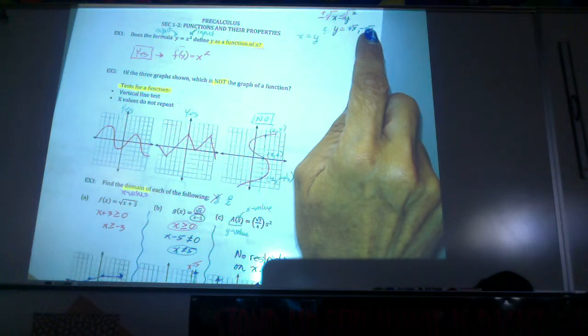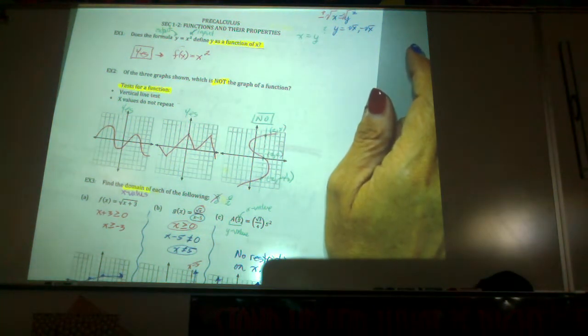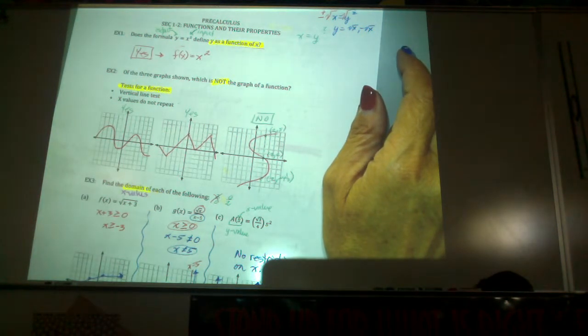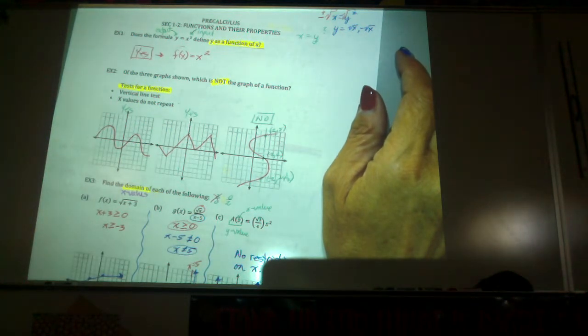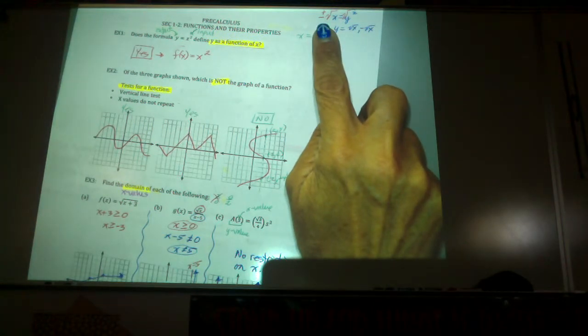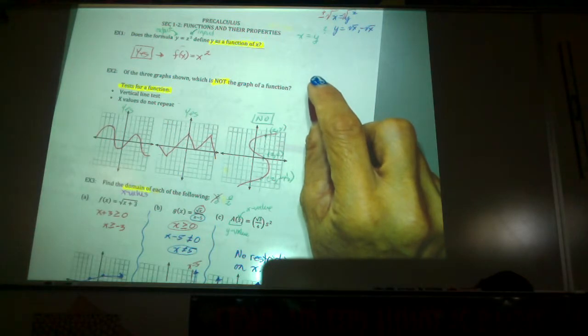So for instance, if you had x cubed equals 8, when you take the cube root of both sides, you don't do plus or minus cube root, because the cube root of 8 is 2. It's not negative 2, is it? Because negative 2 times itself 3 times would give you a negative 8, not a positive 8. So my point is, when you take even roots, you do have to do plus or minus. When you take an odd root, there is no plus or minus.